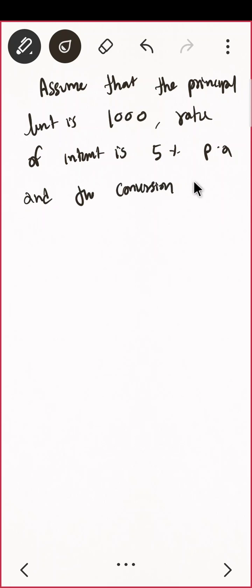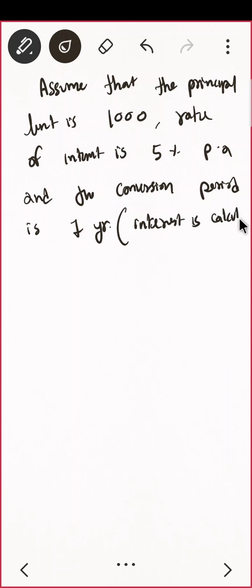Conversion period is 1 year. Okay. So what is conversion period? That means interest is calculated once a year.